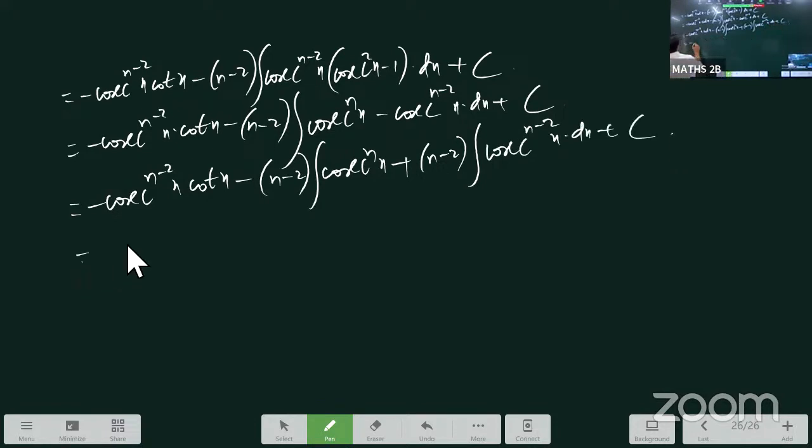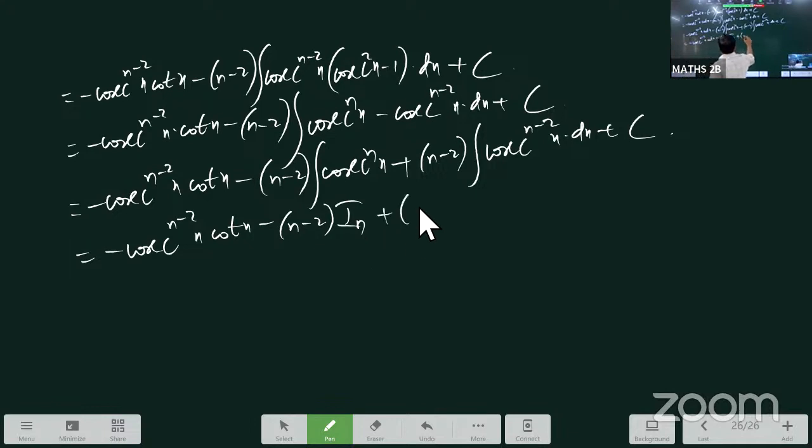Now this I am going to write as n minus 2 x cot x minus n minus 2 In, and this n minus 2 integral is I n minus 2. Is it clear? Right. So this is what actually In is.